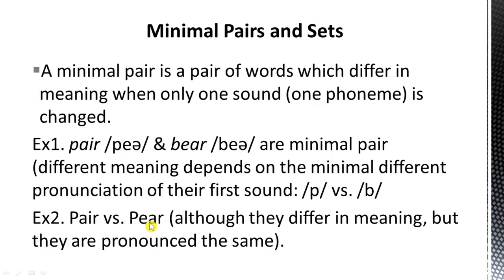It is not regarded as an example of a minimal pair, unlike the first example, pear and bear. The first example has the full characteristics to be regarded as a minimal pair: the meaning is different, and it also differs by one phoneme, p and b.